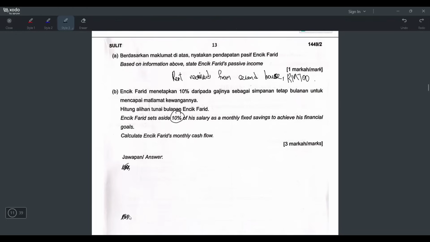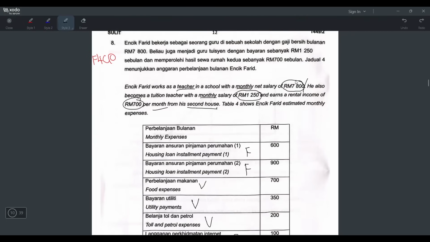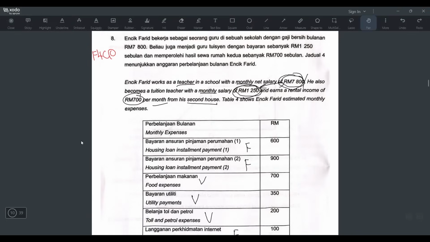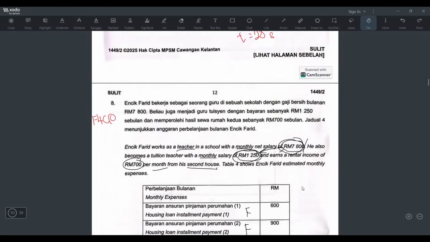Okay, I think this question has a bit of a problem, because they say 10% of salary, right? So when I did it first, I took the 7,800 plus this, because the tuition teacher also salary, right? So I thought I have to add these two and then multiply by 10%. But when I looked at the schema, it did differently. The schema only takes 7,800 plus 10%.